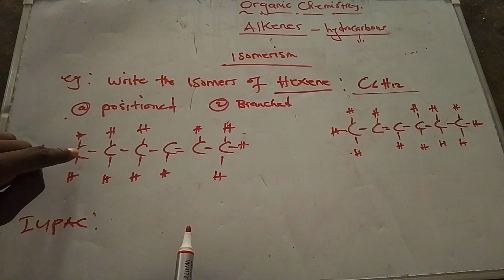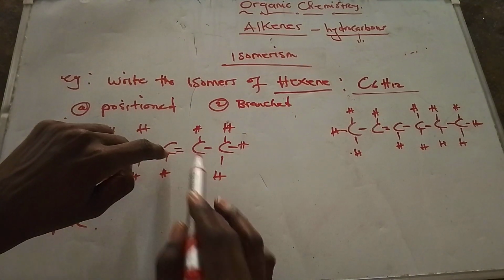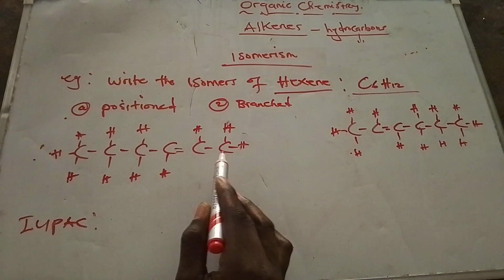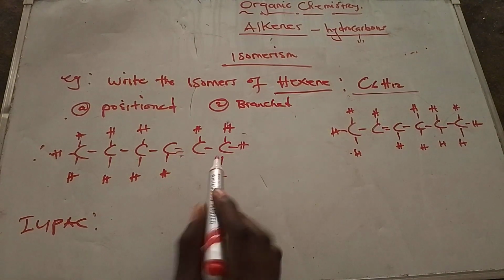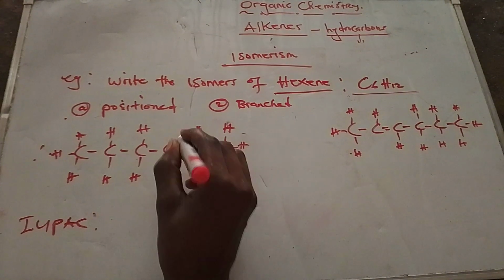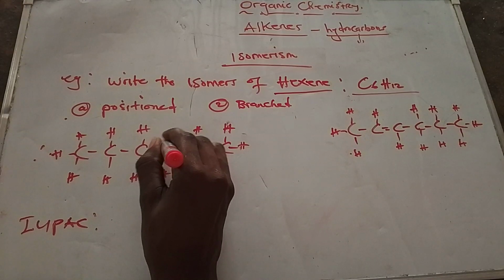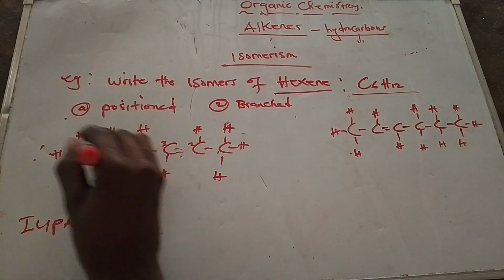So here we have 1, 2, 3, 4, 5. Now this one, 1, 2, I have found my double bond.